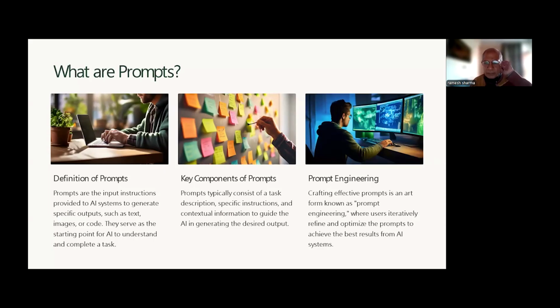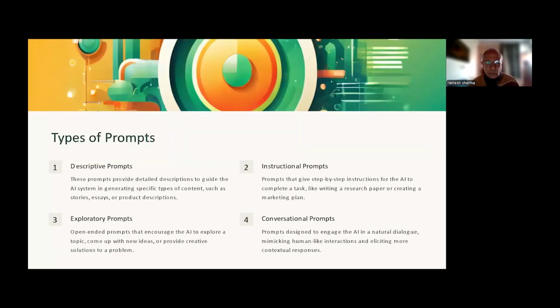So a prompt consists of a task description, specific instructions, and contextual information. And this field is now emerging as prompt engineering. I showed you one image in which a university from Palestine was projecting that for this position, you need to have the knowledge of prompt engineering. So what is a prompt?